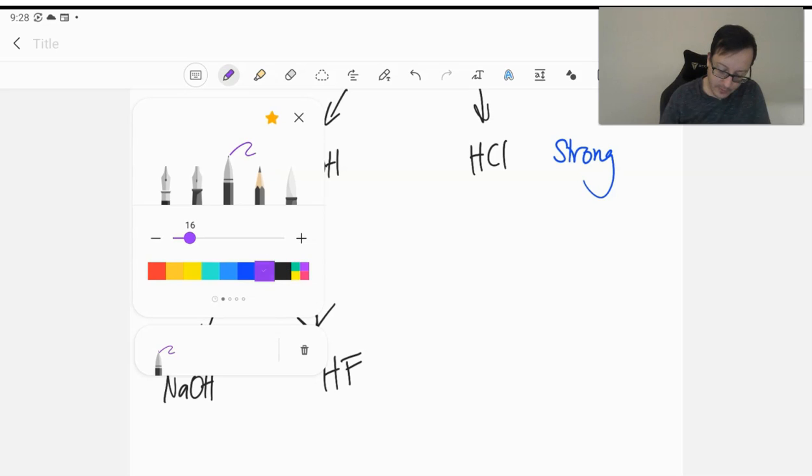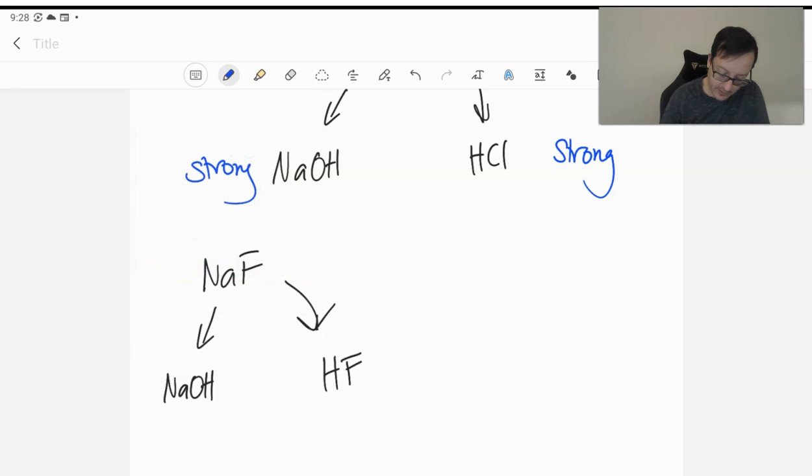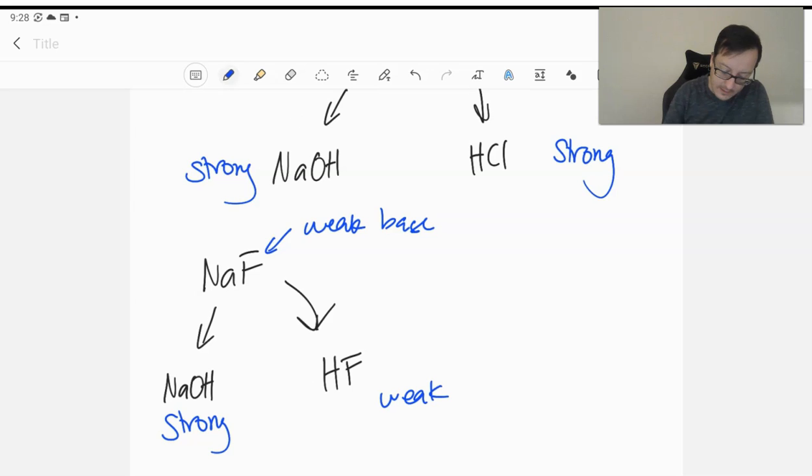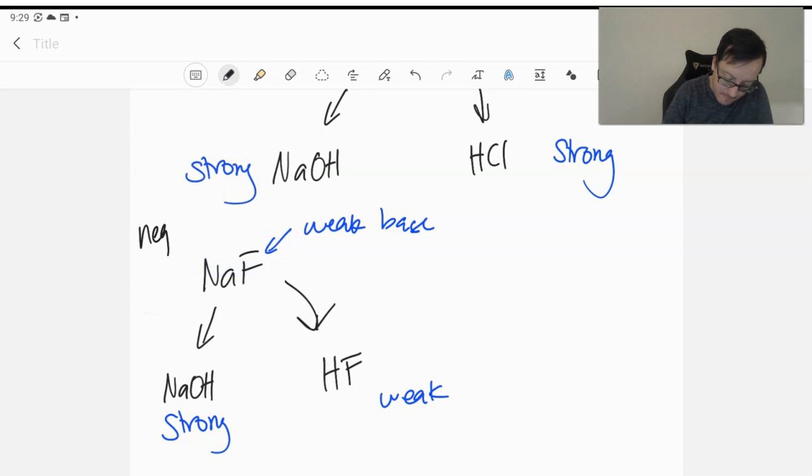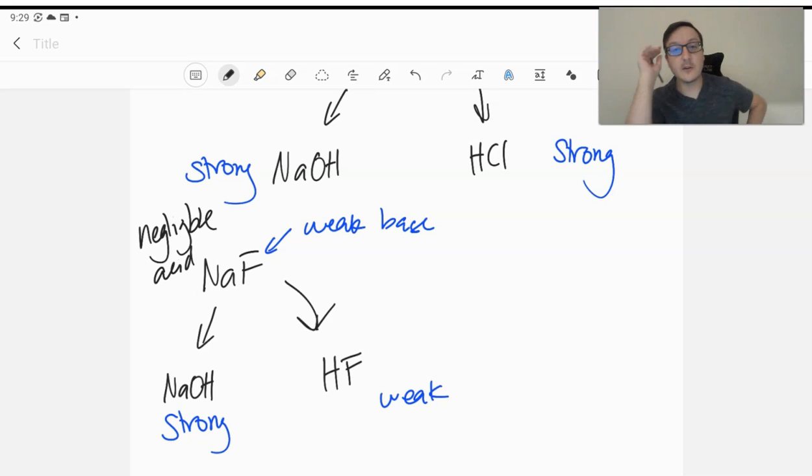If we write out those formulas, sodium hydroxide is strong, but HF is weak, which means that the F minus is a weak base. And the sodium, of course, is a negligible acid. So sodium's not going to figure into the pH of our solution, but the fluoride will. The fluoride is actually a weak base.